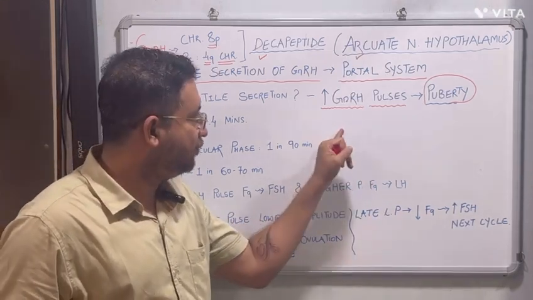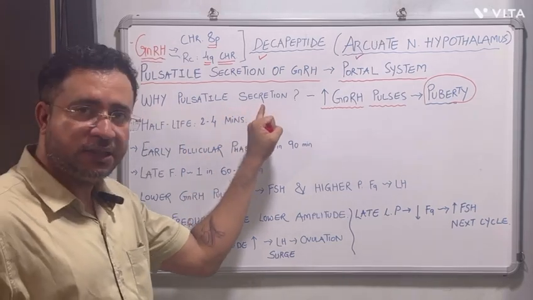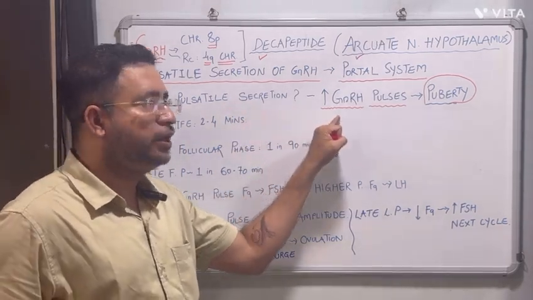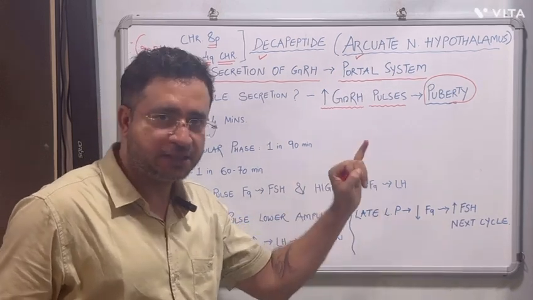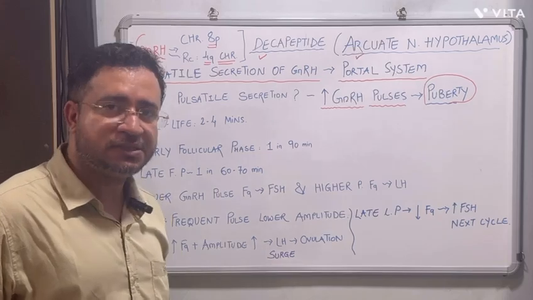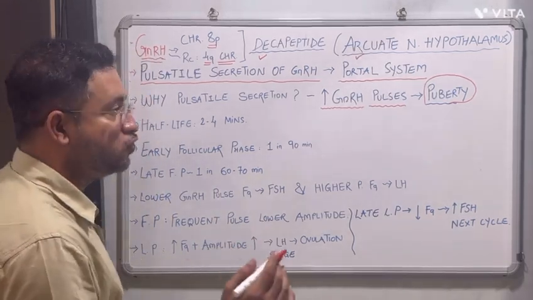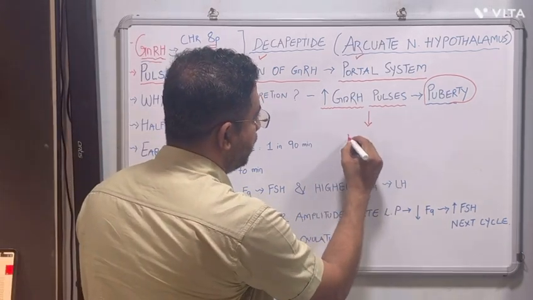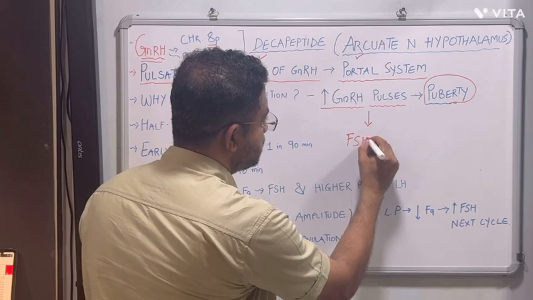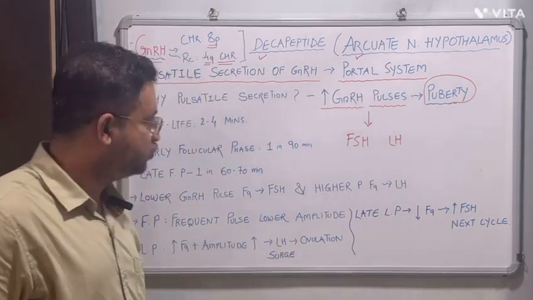And if there is a constant secretion of GnRH, then there is pituitary suppression of FSH and LH release. That's why we need pulsatile release of GnRH, so that the pituitary will have an effective release of the FSH and LH gonadotropins from the anterior pituitary.